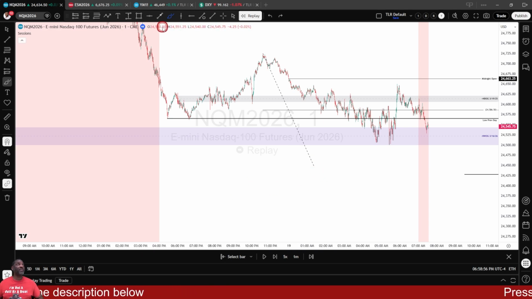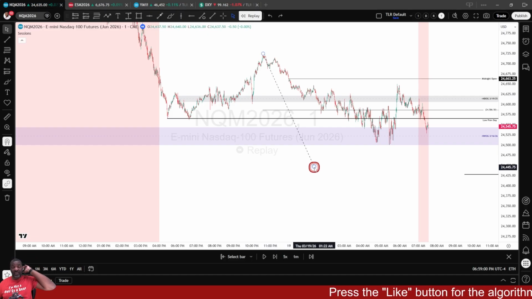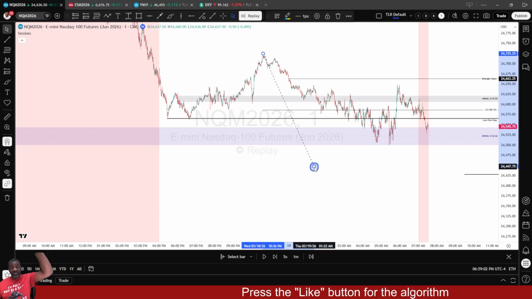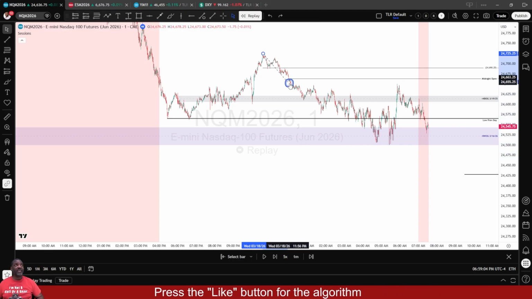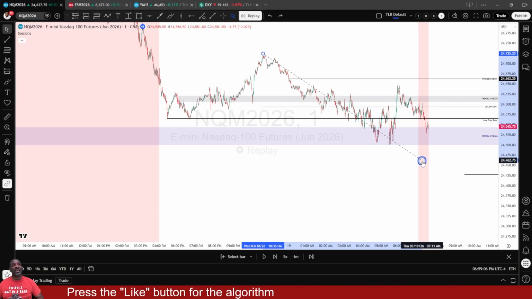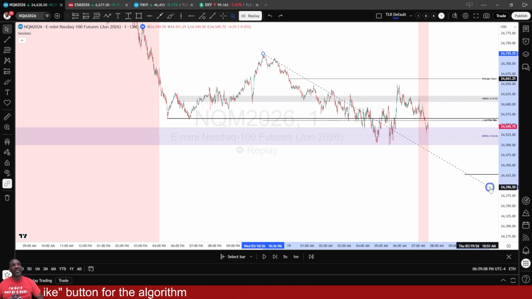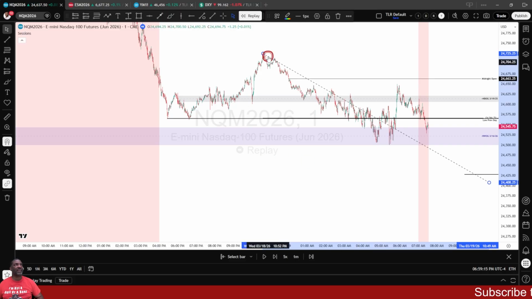You take that Timmonacci tool, you anchor it to the highest high or the lowest low. If it's going up, you anchor it to the low. If it's going down, you anchor it to the high. And then you stretch it and you put that 50% roughly in the middle of that consolidation.